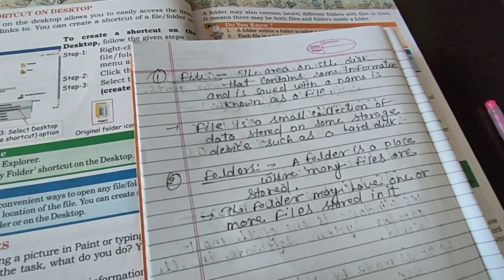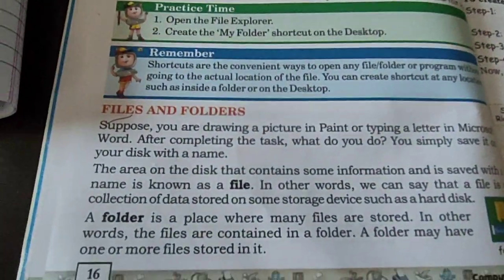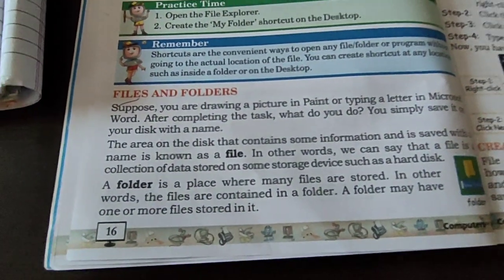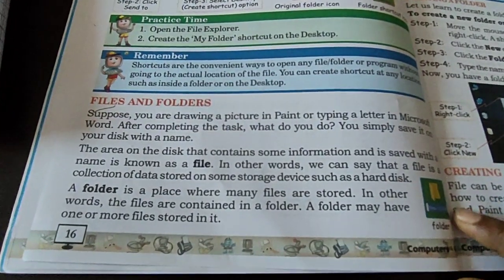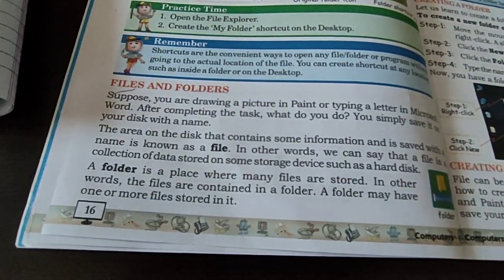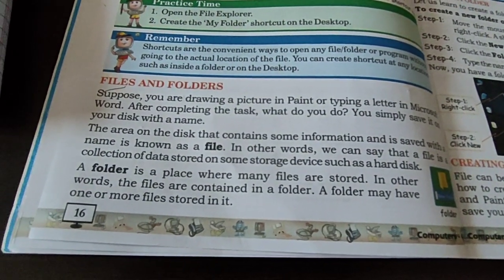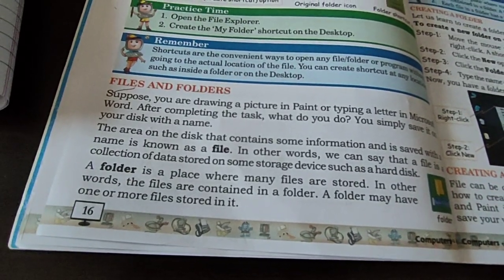You can also save a folder under a folder. Okay. Now a folder is a place where many files are stored, as we read previously. In other words, the files are contained in a folder. A folder may have one or more files stored in it.